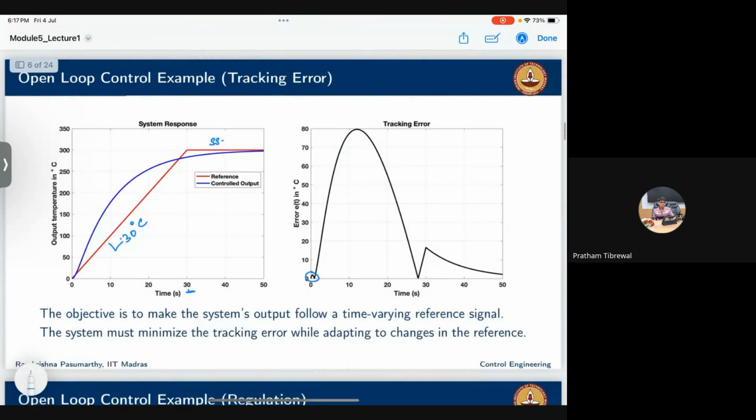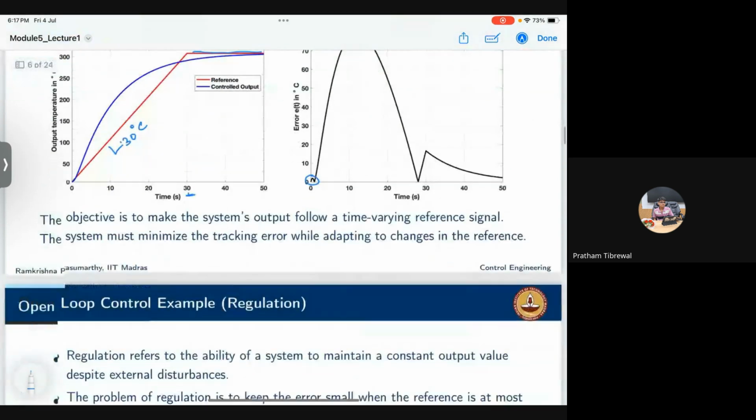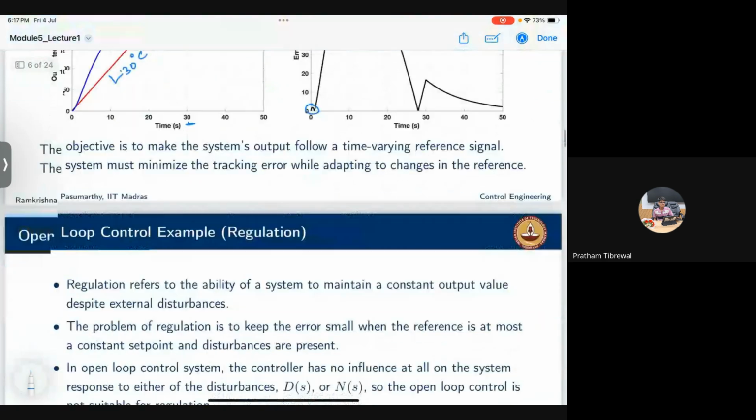The red line is the reference input I am giving to my system, and I'm expecting my system to reach this point as closely as possible. I have to make the system work like that so that I can consider my tracking very good. If it tracks very well, I can say we have designed the system controller very well. So this is my objective. I will come back to this.